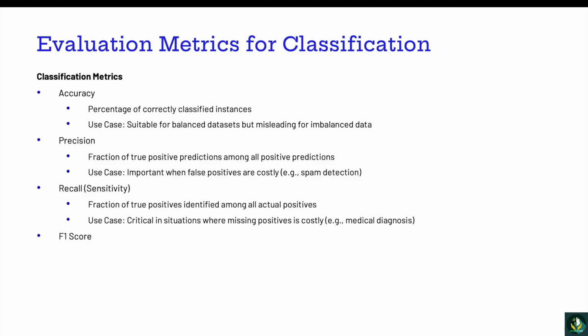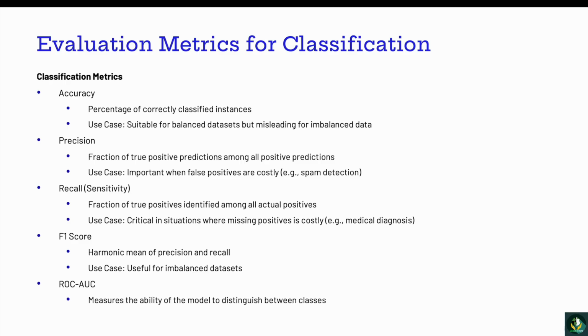Next, we have F1 score. It's the harmonic mean of precision and recall. And its use case is useful for imbalanced data sets. Then we have ROC AUC, which measures the ability of the model to distinguish between classes. Its use case is it's important for evaluating binary classifiers.